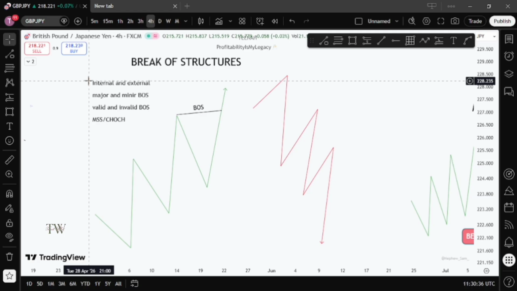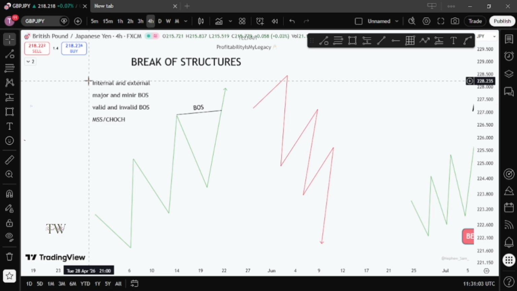If you want to keep finding continuations, you're going to find them on the lower time frame. You're going to find them in the internal break of structures. This is the type of break of structure that allows you to trade the lower time frame easily. Think of an internal break of structure as the market breathing, while the external break of structure represents the market's overall direction. I hope that is very clear.